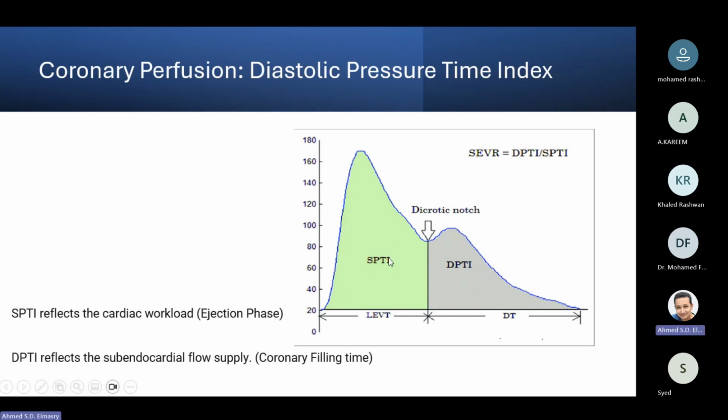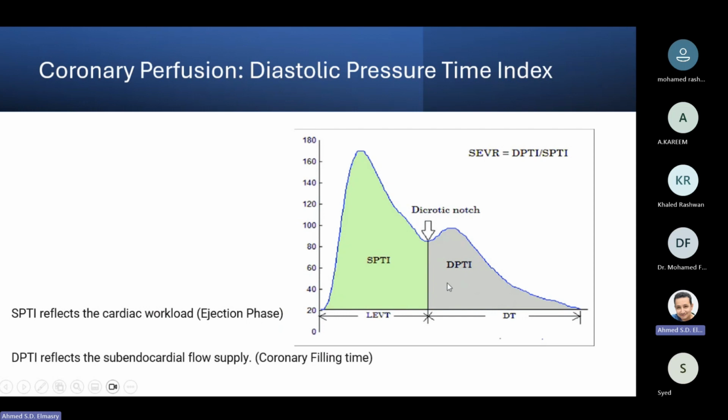The systolic pressure time index is a surrogate of the workload of the heart. The heart has to perform work against the aorta in order to eject the blood, and this equals the myocardial oxygen demand.